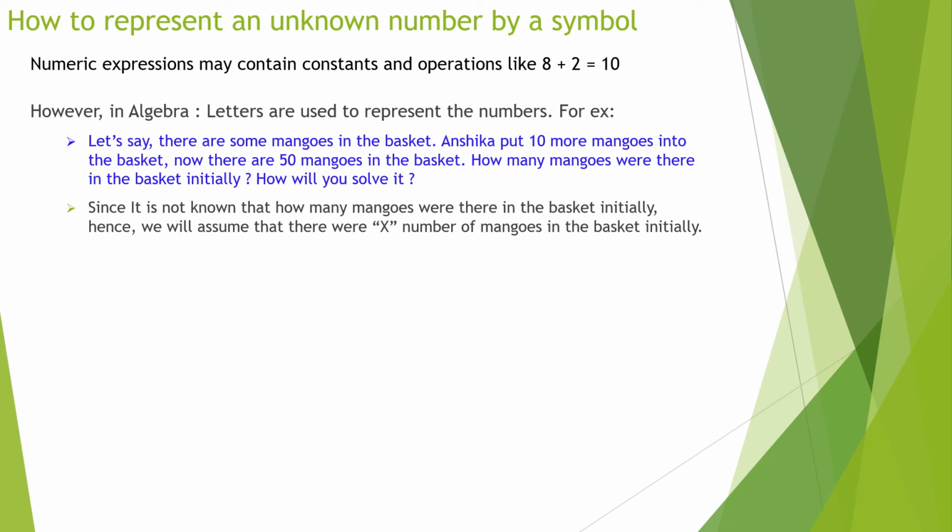In this case we do not know upfront how many mangoes were there in the basket initially. So we have to assume how many mangoes were there initially. Let's say we have X number of mangoes in the basket initially.